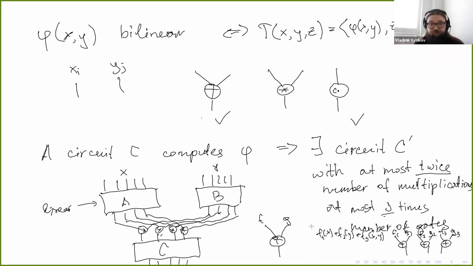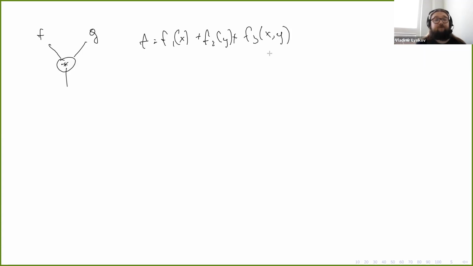And for the multiplication gate, again, if we have a multiplication gate with F and G, and F is F1 of X plus F2 of Y plus F3 of X, Y bilinear, we can replace this multiplication gate by the following instruction.